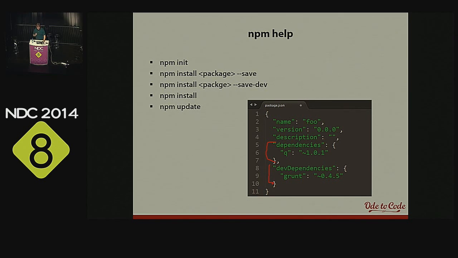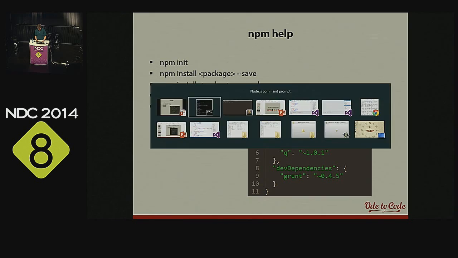And then when you npm install something like Q, you can specify --save to make sure that entry goes into the JSON file as a dependency. Or you could npm install a tool and say --save-dev to tell npm that this is a developer dependency. So put it in that devDependencies section. And then those will all go into a folder called node_modules.